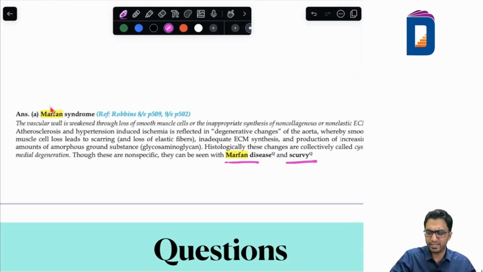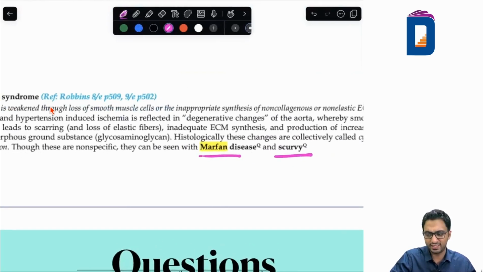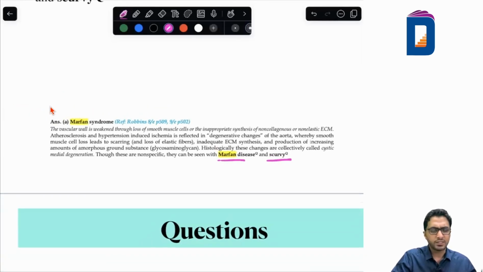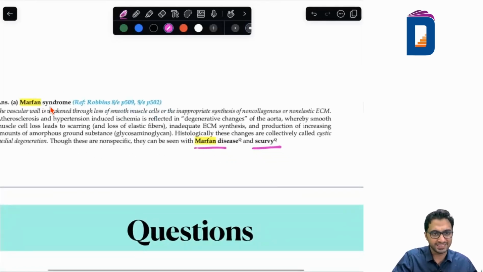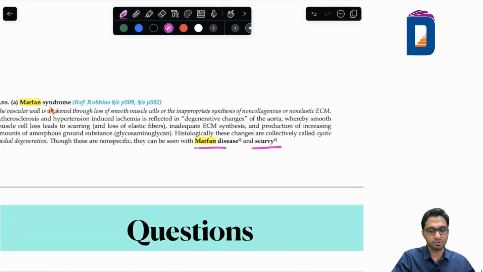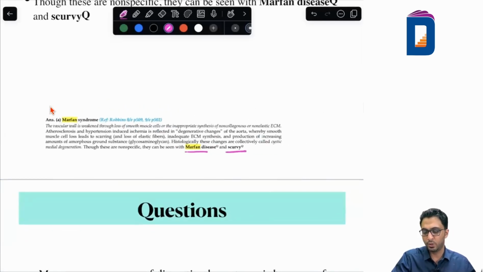Scurvy is vitamin C deficiency. I searched in different areas and couldn't find that scurvy is associated. But if Sparsh Gupta is saying it, it should have some meaning. Scurvy is a very important lesion as far as dentists are concerned, because it has gingival bleeding and gingival enlargement. So it is good to know that.